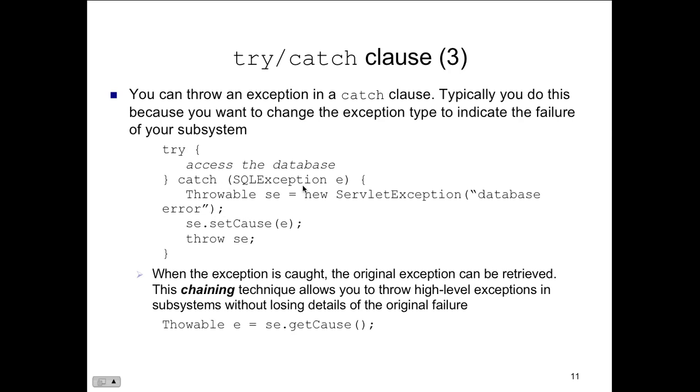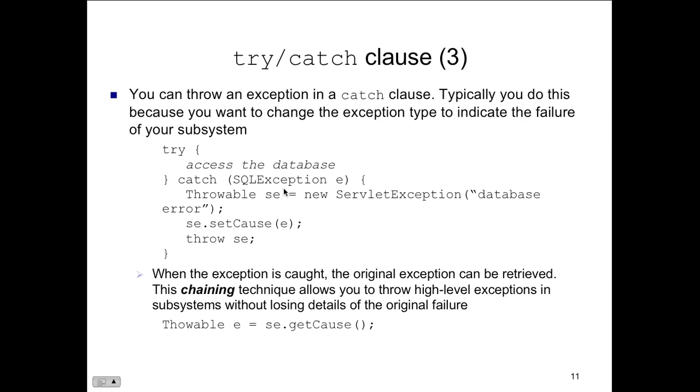Here inside of the SQL exception, it's kind of interesting. You're going to see this in database work. If you're trying to run a query and the query keeps failing and keeps throwing an exception, is it really the query's fault? Not really. It's probably the connection object that's at fault, maybe because you've lost the connection. So in this particular case, we're throwing a new servlet exception. There's a database error because the SQL exception was thrown, saying that we couldn't run the query.